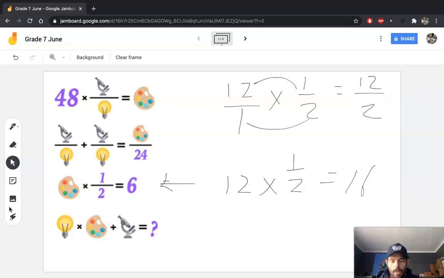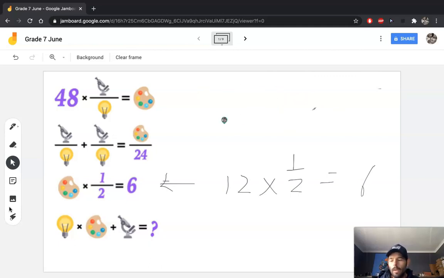Okay, let me just rub that out there. So that should be 6. Okay, alternatively, remember, we can say 2 goes into 2 once and into 12 6 times, and then we've got 6 times 1 as the numerator and 1 times 1 as the denominator, and that's equal to 6. Okay, so your palette of paint is equal to 12.